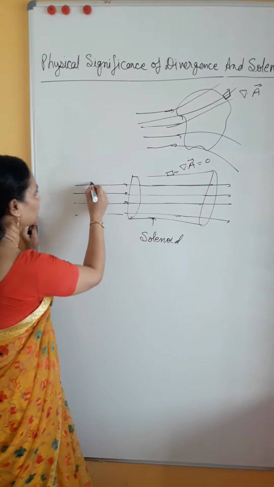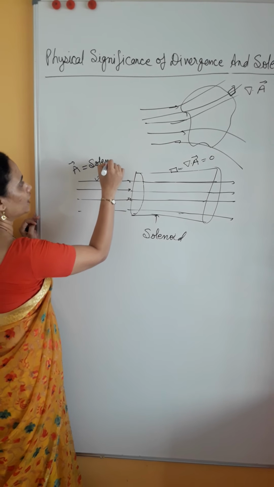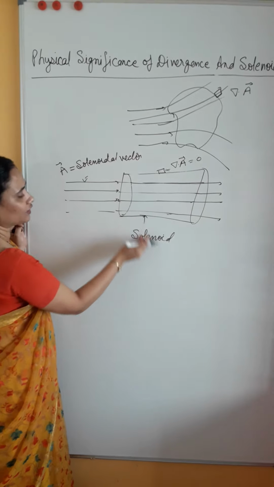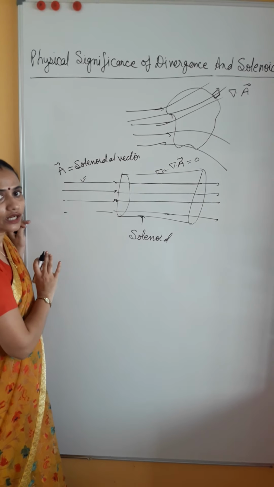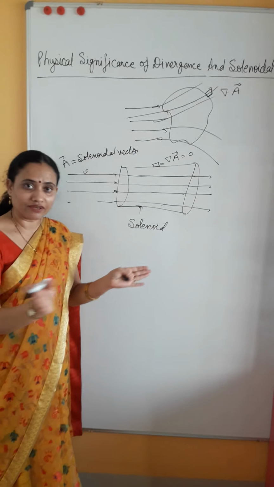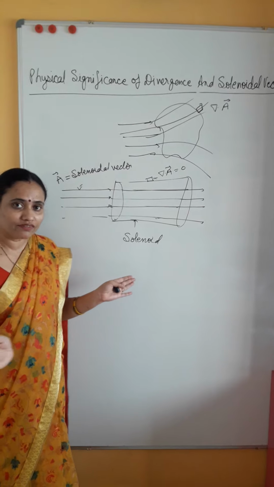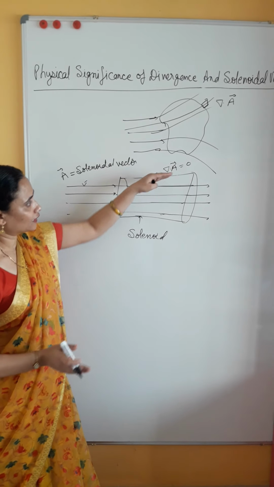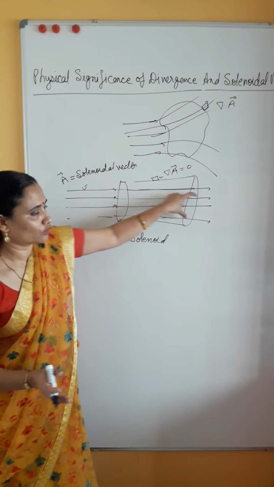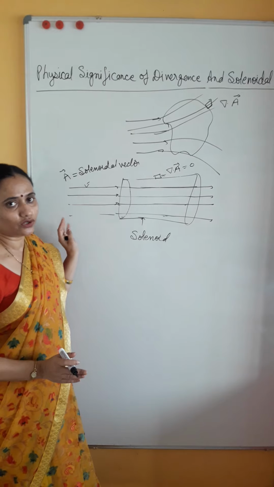That is why we call such a vector function a solenoidal vector. We relate it with this shape. So what is divergence? Simply diverting or scattering. If there is no divergence, it becomes 0, and we relate it with this shape, where it goes parallelly with no divergence, so we call it a solenoidal vector.